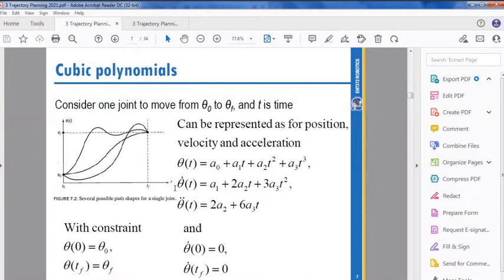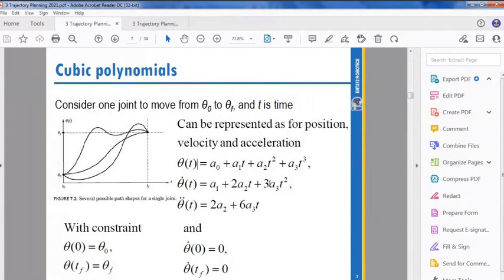And then if you differentiate again, the second time over time, we indicate it as double dot. Double dot means acceleration.